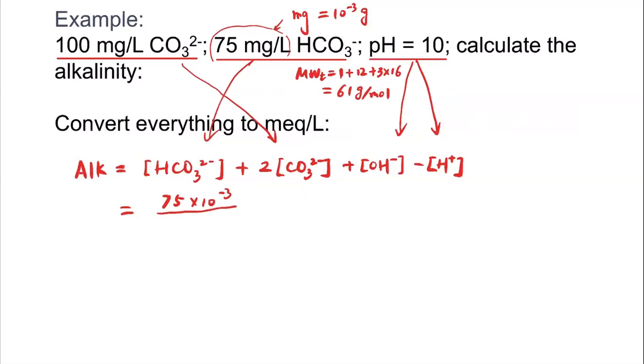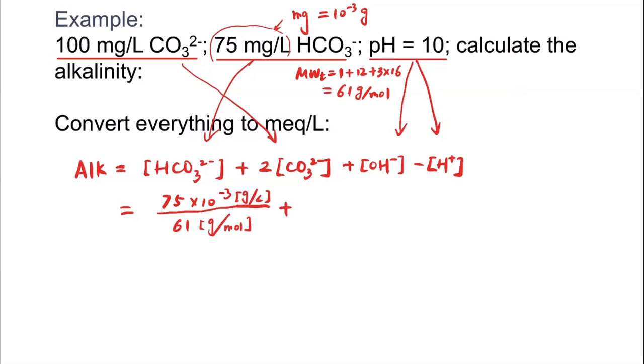So we'll divide it by 61. If we label out all the units here, gram per mole, and here you have gram per liter. So this is the molarity of the bicarbonate ion, or the molar concentration of the bicarbonate ion.